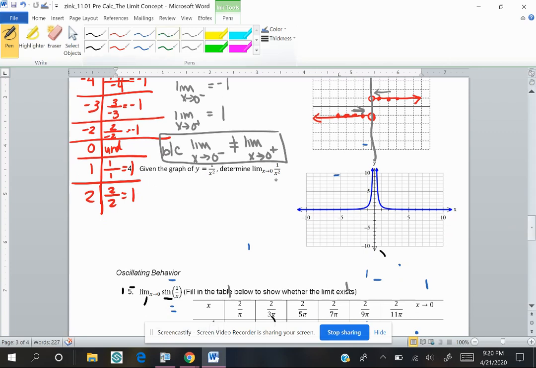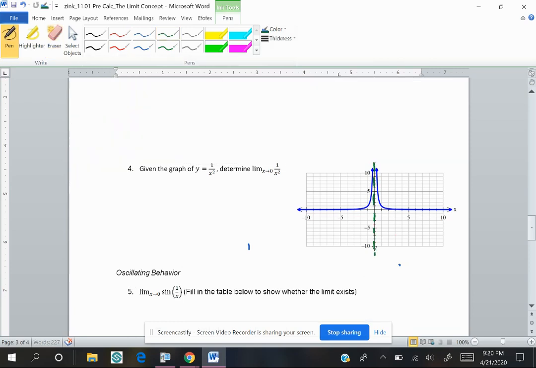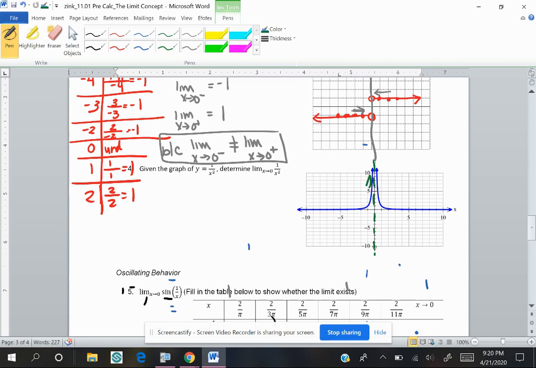Next, given the graph, and this one was already graphed for you, determine the limit as x approaches 0 of this. Okay, so if we want the limit as x approaches 0, here's x equals 0 right here. So from the left-hand side, we're getting closer and closer to positive infinity. And from the right side, we're also going towards positive infinity.